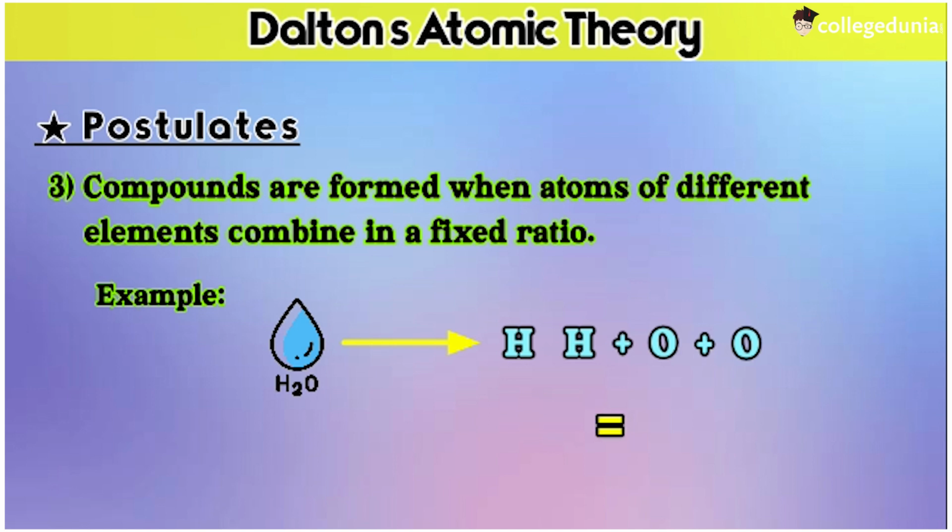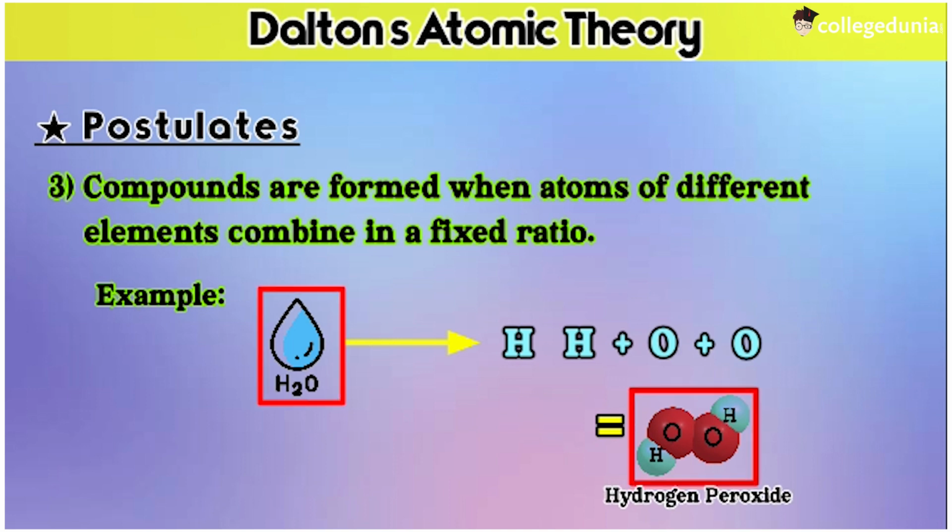Now when we do so, the whole compound will change from water to hydrogen peroxide, whose chemical formula is H2O2. Here you can see that we are adding only one atom of oxygen to the whole compound, and only by adding one atom of oxygen to it, its complete identity has changed.